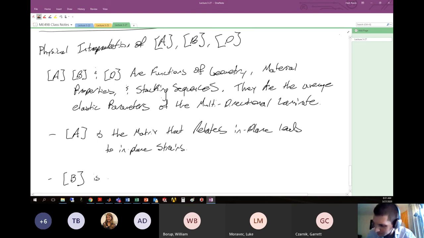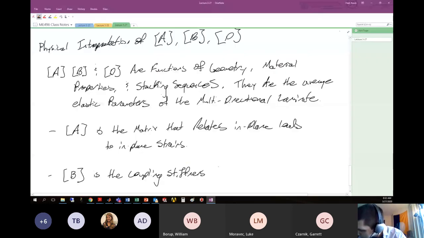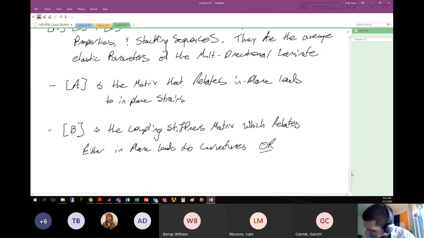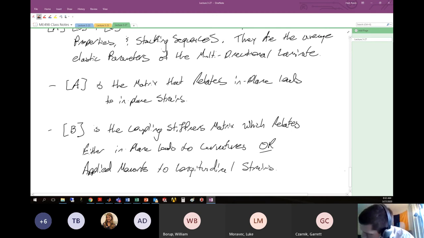So B is the coupling stiffness matrix, which relates either in-plane loads to curvatures or applied moments to longitudinal strains. So what do I mean by that?